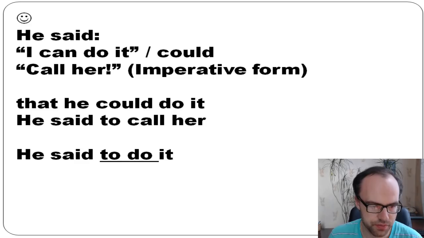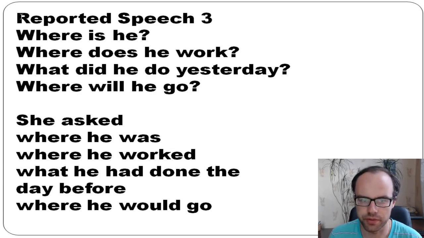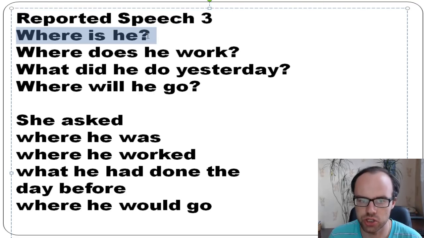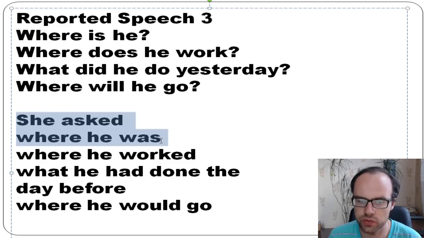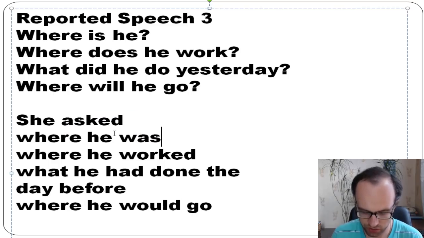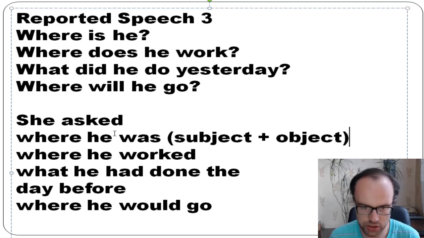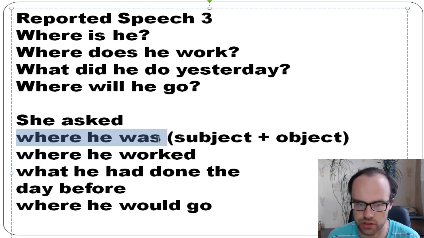Well, next, reported speech part 3. You have these questions: where is he? You need to say it in reported speech. So she asked where he was. You put the subject in the first place, and then the verb, because it's an indirect question.